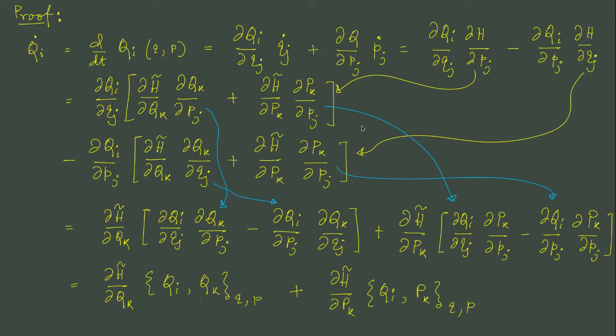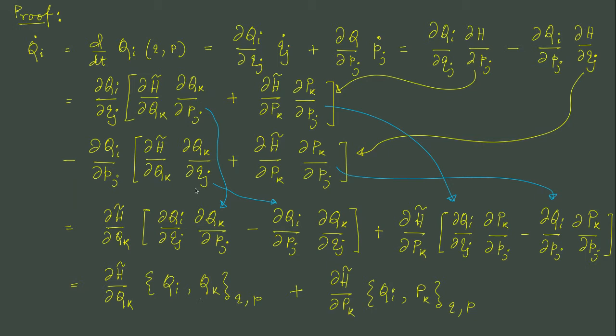So, there are quite a few lines. I'll just repeat shortly: take the new coordinate, take its time derivative, expand it using the chain rule, use Hamilton's equation of motion, and then this Hamiltonian is the same as the new Hamiltonian using the new coordinates capital Q, capital P. So, a further chain rule can be applied when you encounter this partial derivative here.